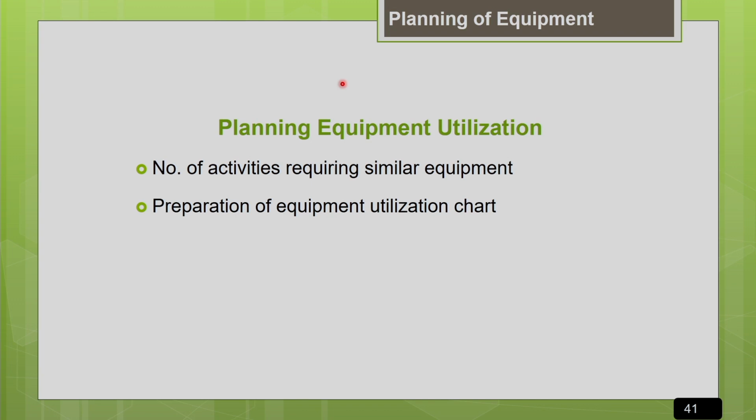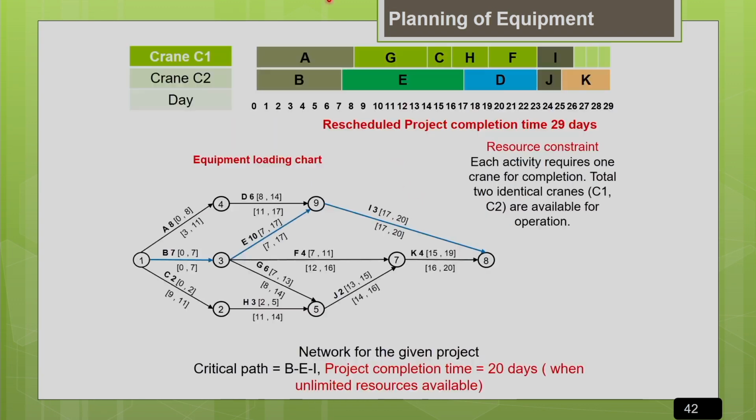Now let us see how to plan it with the help of an equipment utilization chart. In this picture we can see a project network diagram. I hope everyone knows about scheduling techniques like CPM and PERT. In this course I won't be able to dedicate special time to discuss the fundamentals of scheduling techniques like CPM, PERT, and how to draw the network diagram, because it is not part of the scope of this syllabus.